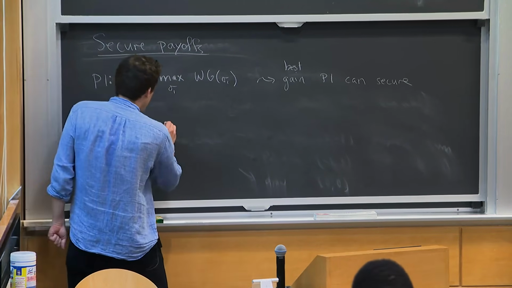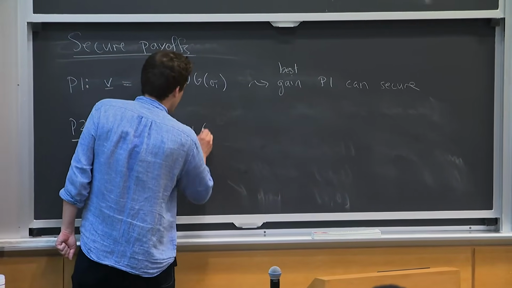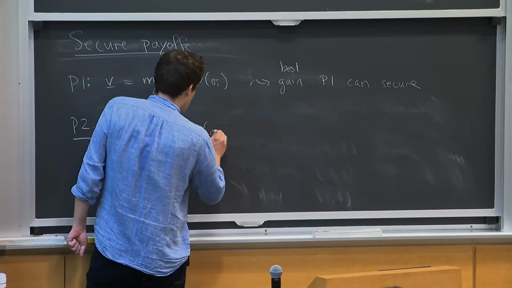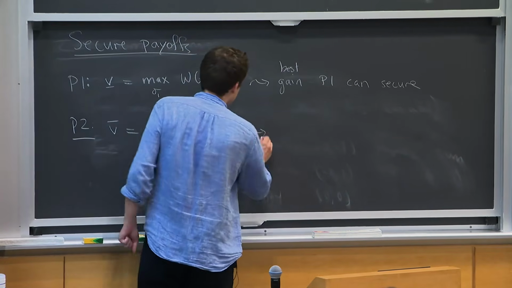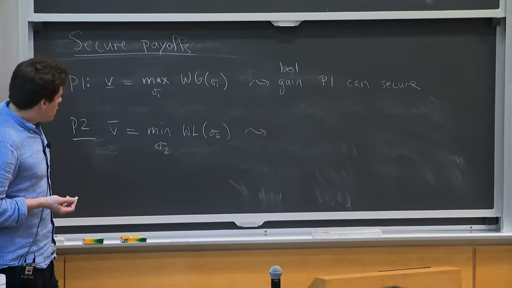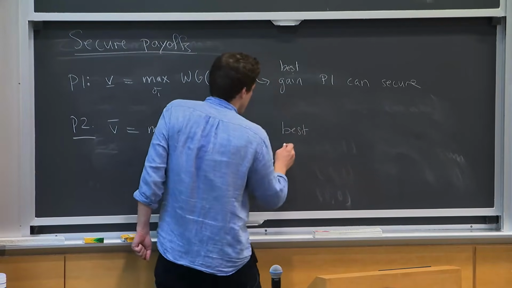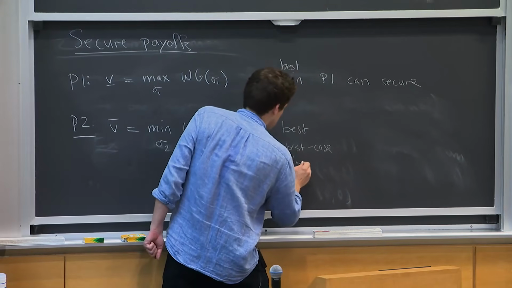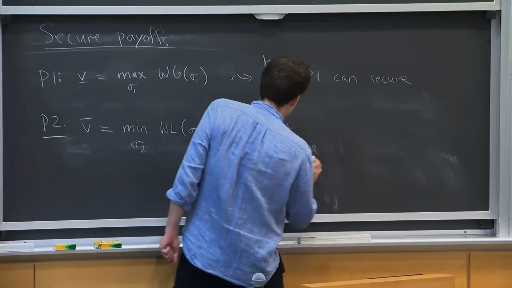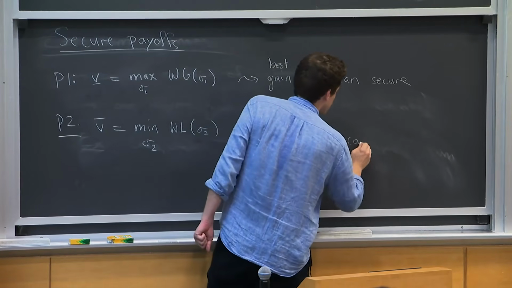And that is going to be the minimum over sigma 2 of the worst case loss of sigma 2. So maybe this is the best worst case loss, or the best loss that P2 can secure.